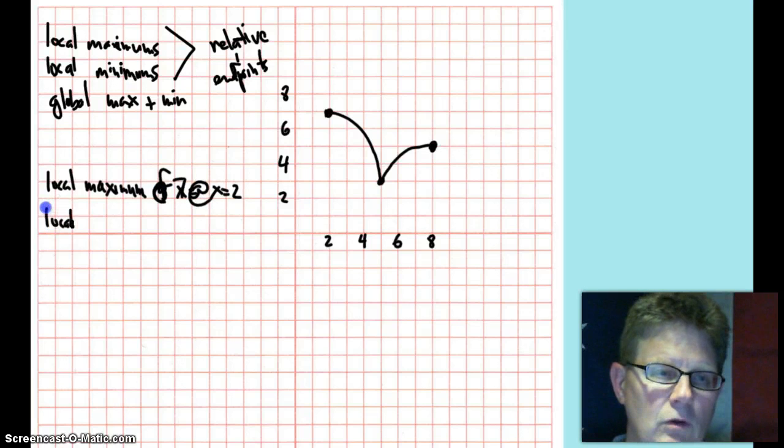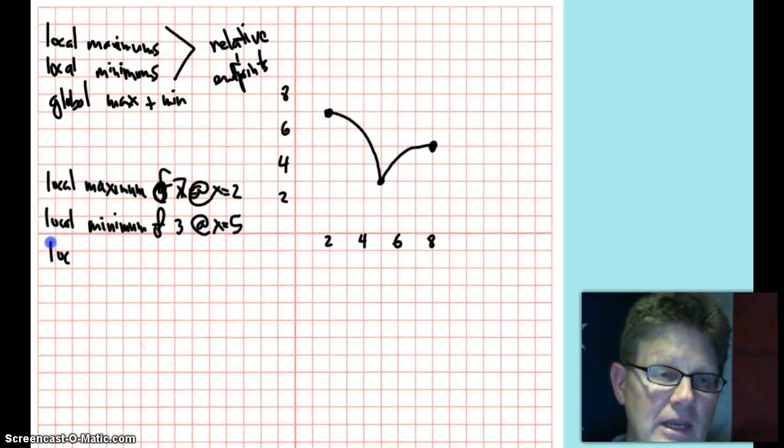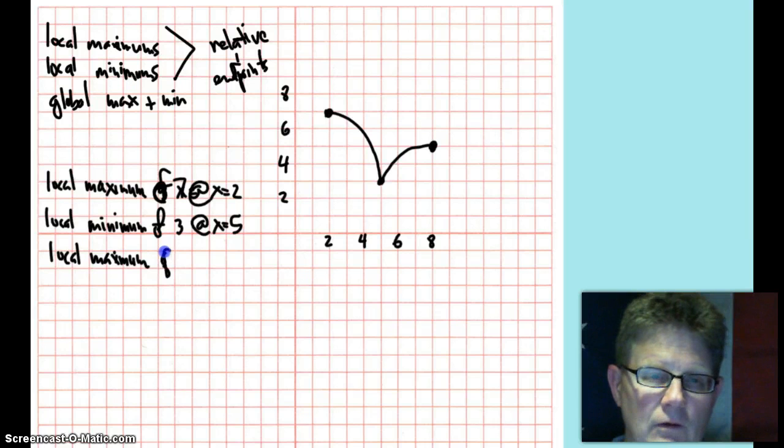You will have a local minimum of 3 at x equals 5, and then we will have another local maximum of 5 at x equals 8.